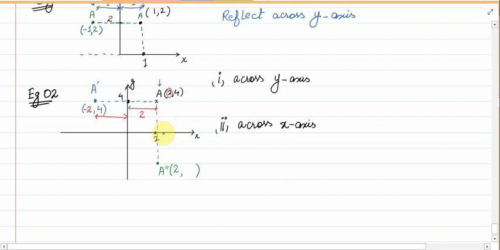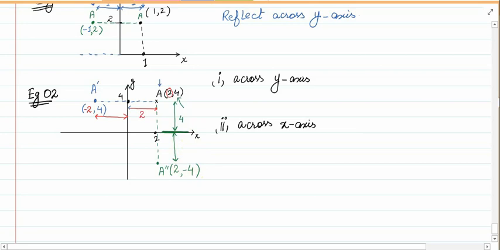The distance from the line of reflection, the x-axis, to the object is 4 units, right? The y coordinate is 4. If the object is 4 units, then the image will also be at 4 units. But since we are moving on the negative y, that is why it will be -4, right?